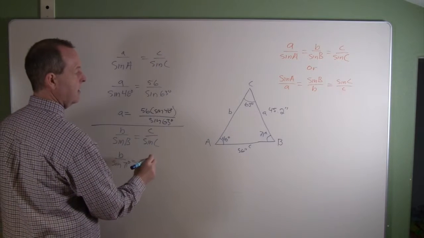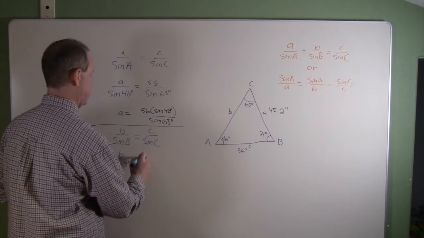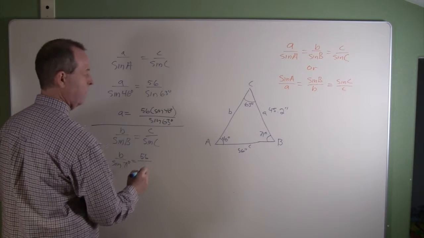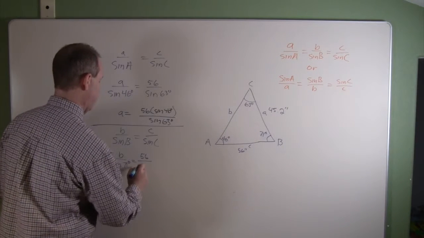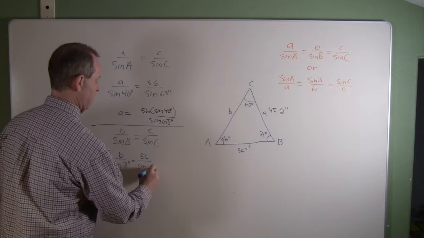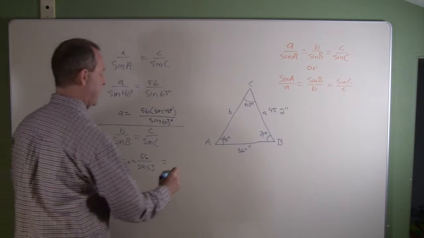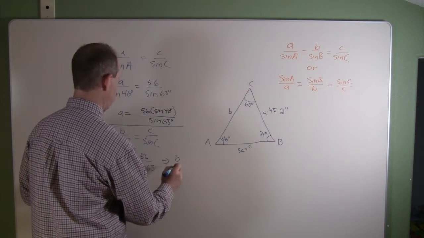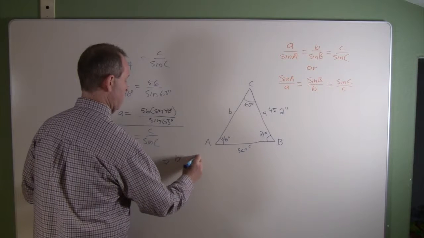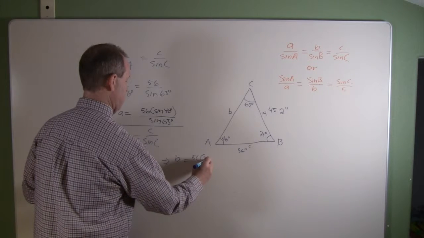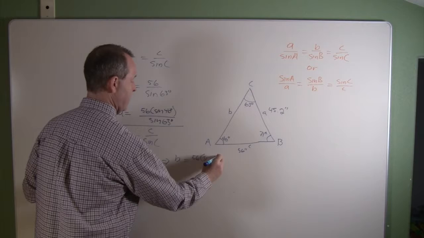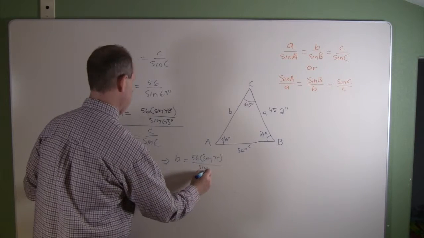And C is 56, all over the sine of C, which is 63. Solve that for B. So B will equal 56 times the sine of 71 all over the sine of 63.